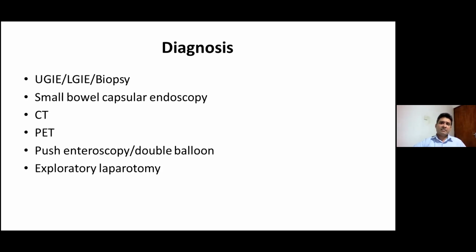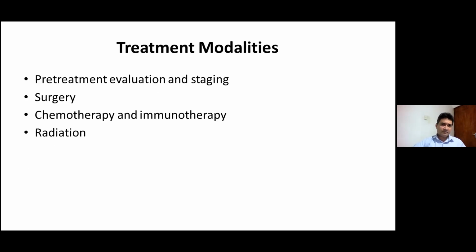Endoscopic examination and biopsy can be done at the same time. Small bowel capsule endoscopy is a useful tool to visualize the small bowel, but the disadvantage is we can't take biopsies. CT scans, PET scans, and certain other endoscopic techniques can be utilized. And if there is no access from those methods, we can go for exploratory laparotomy and biopsies.